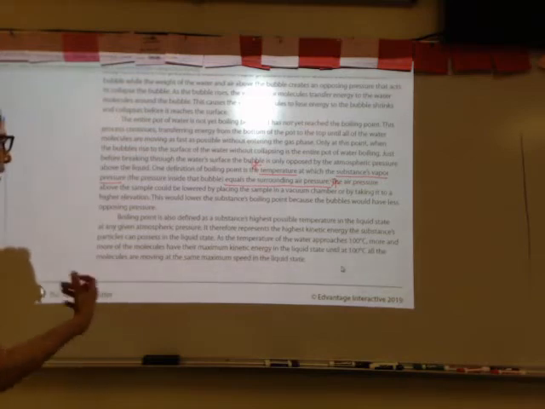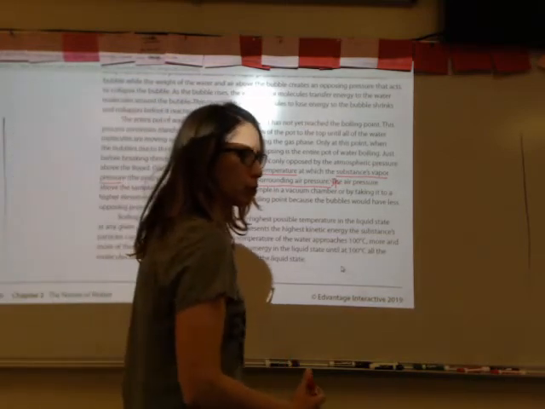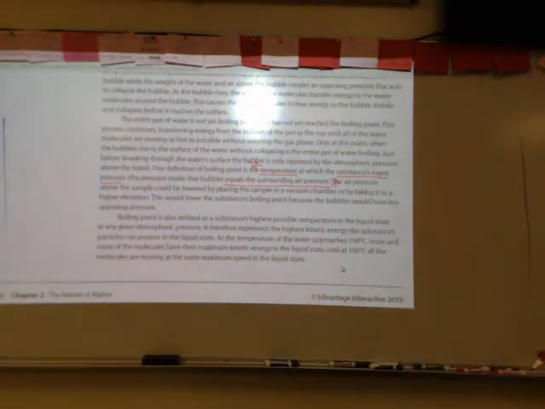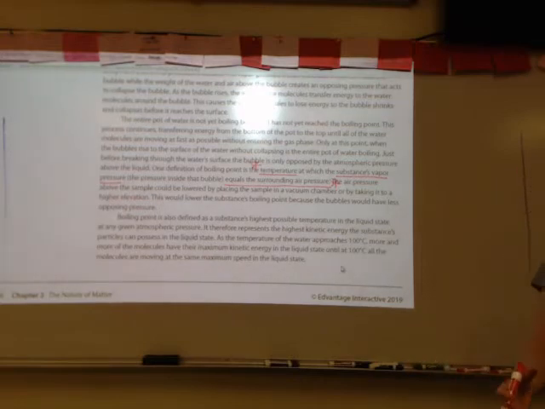Now, we can lower the air pressure above a sample by putting the sample in a vacuum chamber and pulling some stuff out and drawing that pressure down to make it boil at a lower temperature. I can do that as a demonstration. We can also take it to a higher elevation. So at higher elevations, the atmospheric pressure is lower, which allows, for instance, water to boil at a lower temperature.